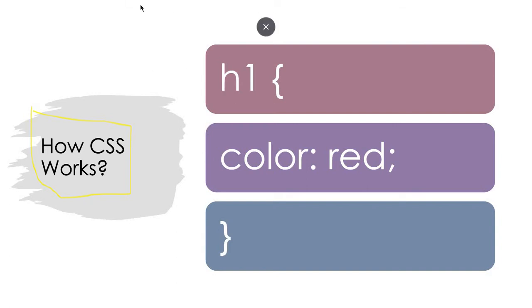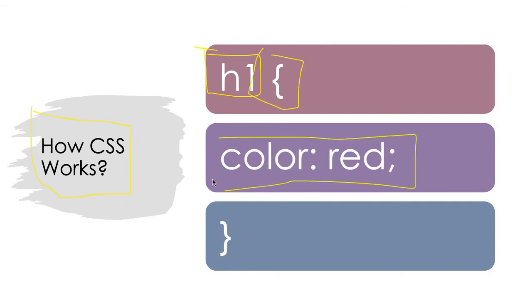So let's understand how CSS works. Let's divide this into blocks. First you have this H1 right there. Then you have this, colored red. And then you can define this into more parts.